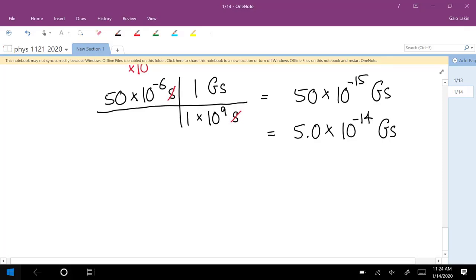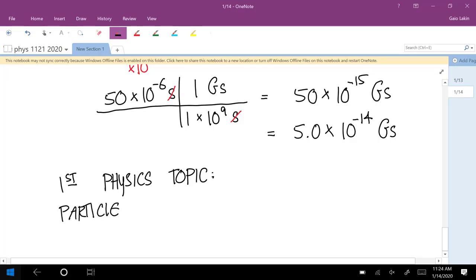So now we can get into the first sort of physics topic, and that is particle kinematics along a line.